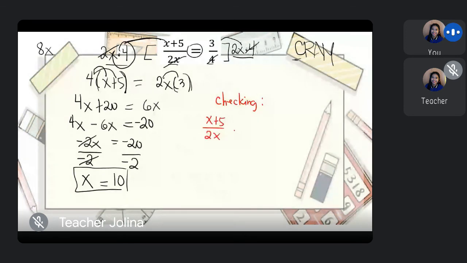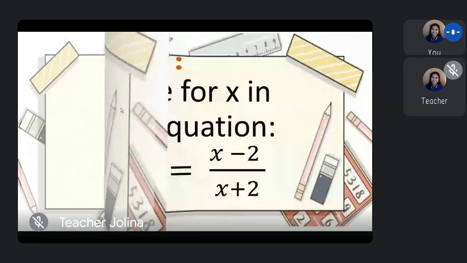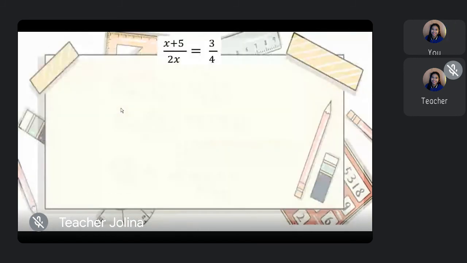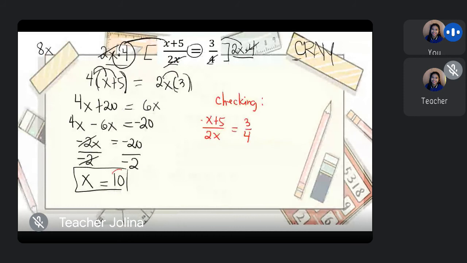Okay? So, palit natin yung x ng 10, which is yung solution natin. Sorry. So, palit natin yung mga x na meron dito ng 10. So, we have x plus 5. So, we have 10 plus 5 over 2 times x, which is 10 po. Equals to 3 over 4.